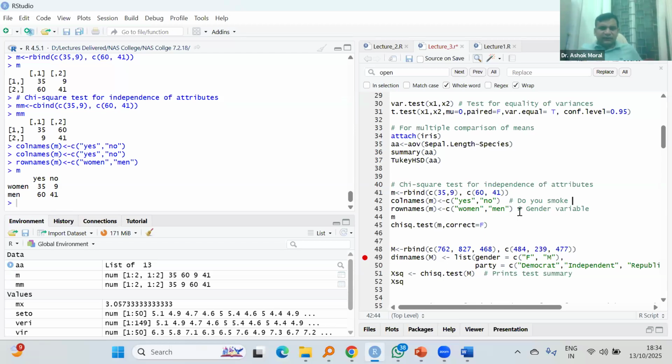Do you suffer from any disease, yes or no? And then for the chi-square test we will use this chisq.test.